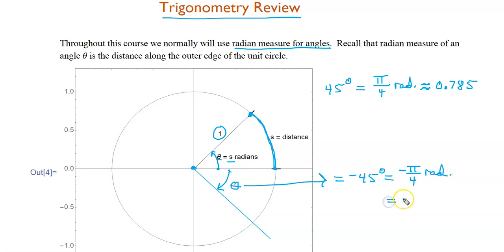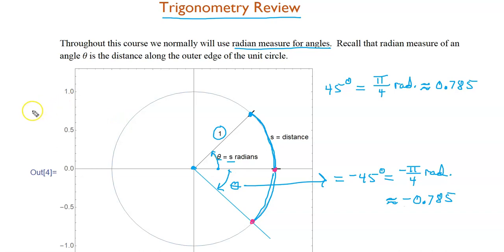And of course that is approximately negative 0.785. If we take the absolute value of this, that gives us back positive 0.785. And so that is the distance along the outer edge of the unit circle between these two points. So if theta is measured in a clockwise manner, then it's represented by a negative number.